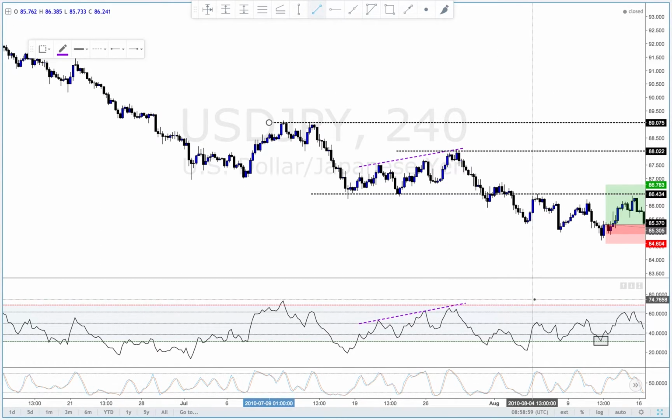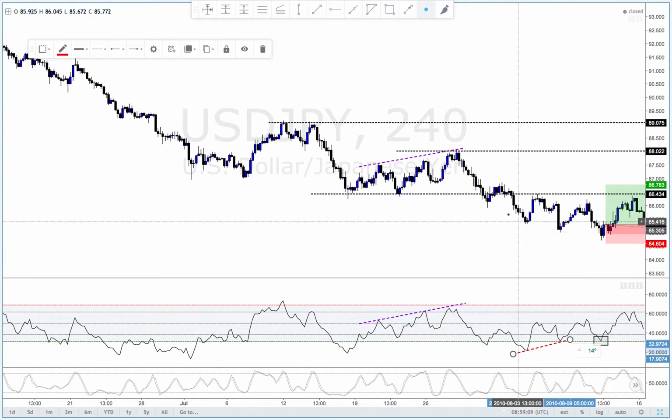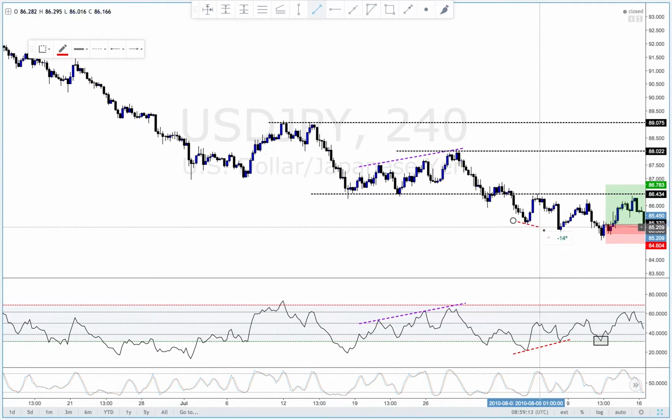240 bullish divergence here, 240 bullish divergence there, and another not as significant but still divergence here.